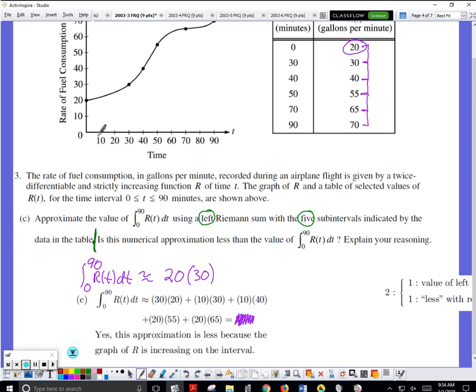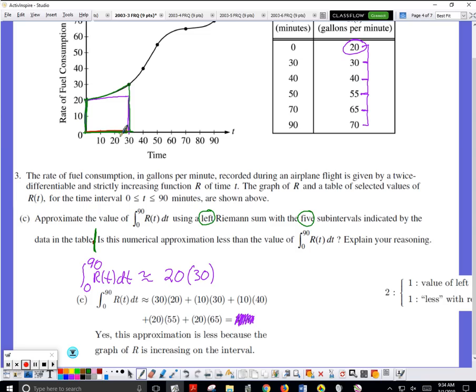It goes 0 to 30. And so there's my 30. The 20 is this value here. So when I multiply those two together, I'm finding the area of this rectangle. If I were doing the exact integral, I'd be finding the area here in green. So my Riemann sum is an underestimate. Question?